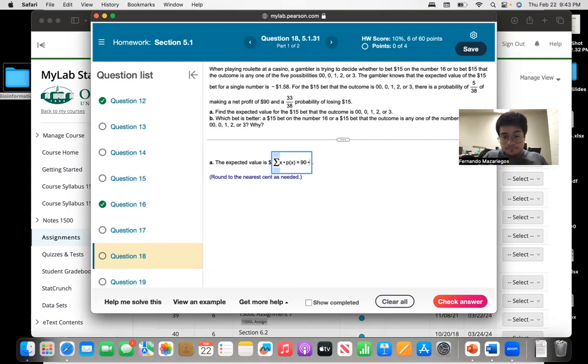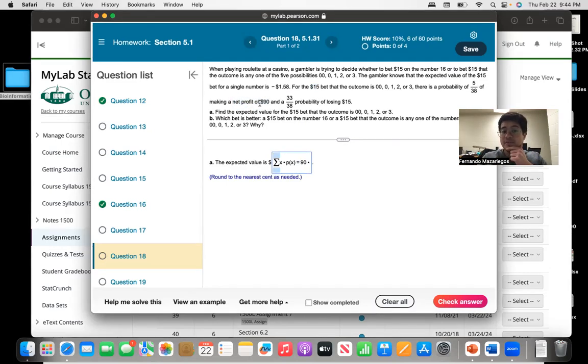numerical outcome. Something important is that in some of these problems, you're going to be given a net profit. So you take that value as is. In some other problems, you will be given a total that you win. So you're going to need to be careful with that because you need to subtract what you pay to enter whatever lottery or bet you made so that you can find the net profit.